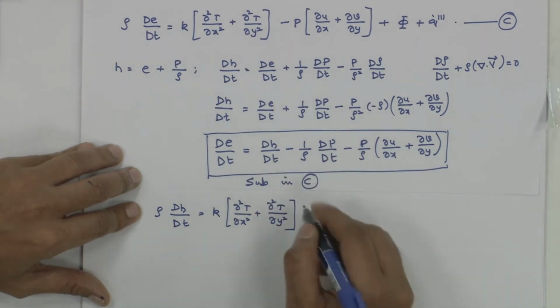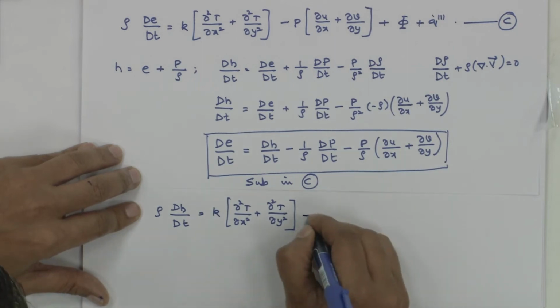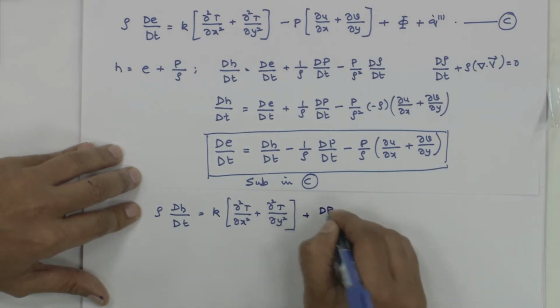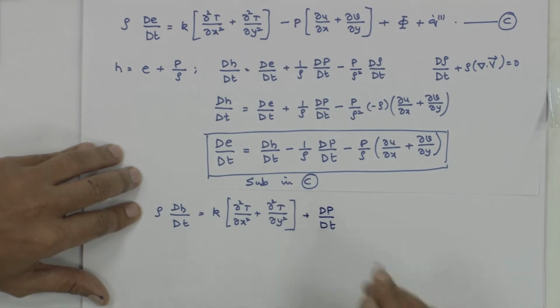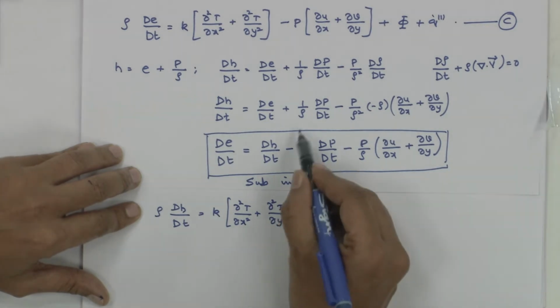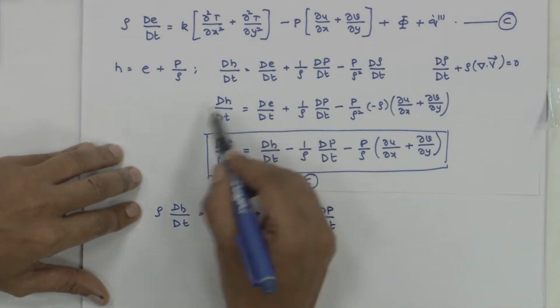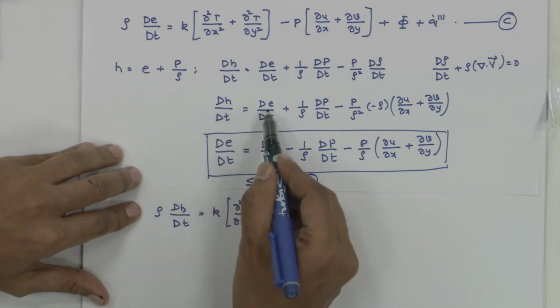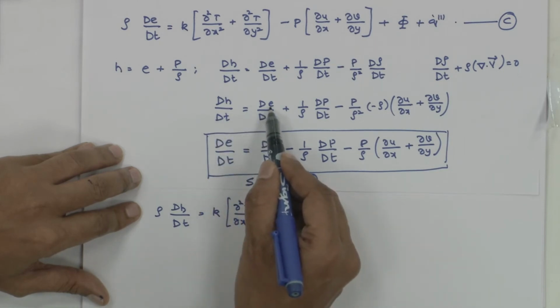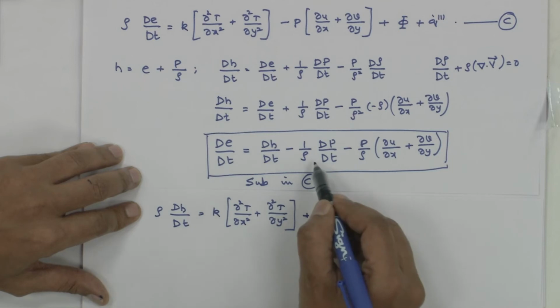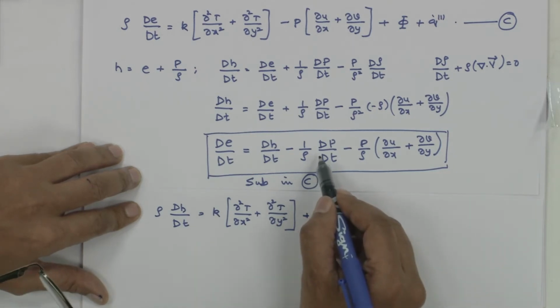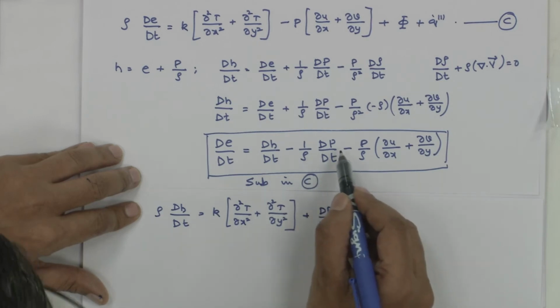So, I will be left out with only plus dP by dt. Now, here there is a mistake. This dE by dt is equal to dH by dt plus this is minus 1 by rho dP by dt. This is correct, minus 1 by rho dP by dt.